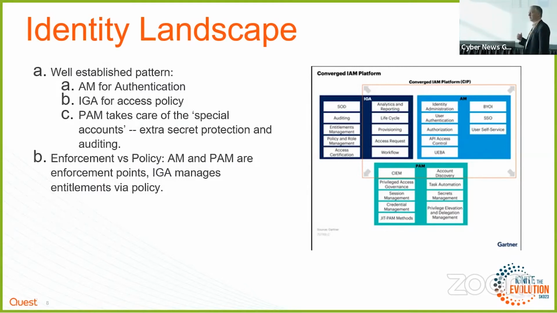But the main categories today used for controlling identities are obviously access management, password controls, MFA, things like that. Then governance, so IGA, Identity Governance and Administration, which is policy driven, right?